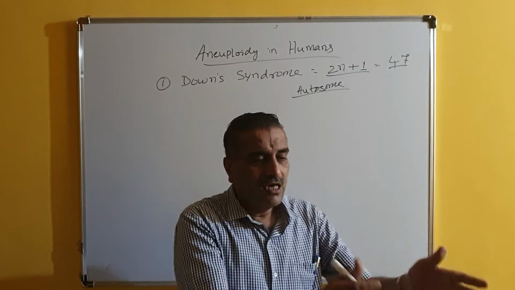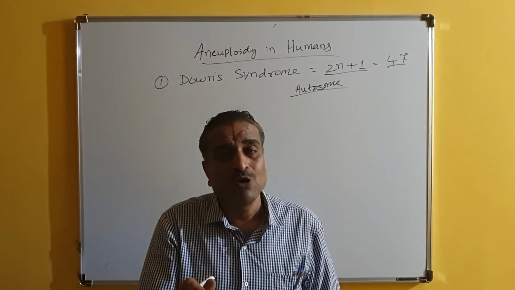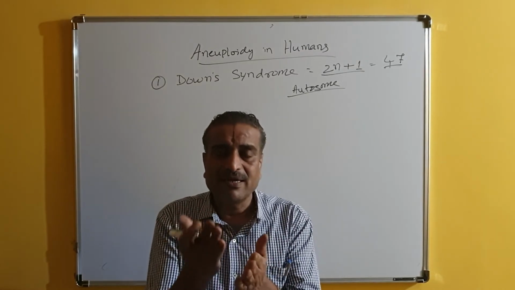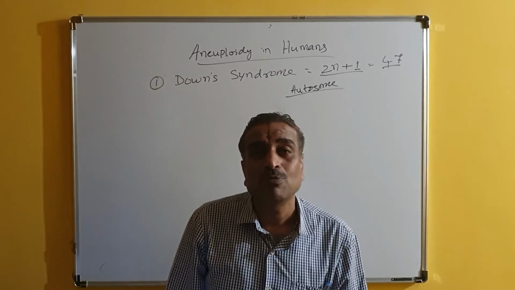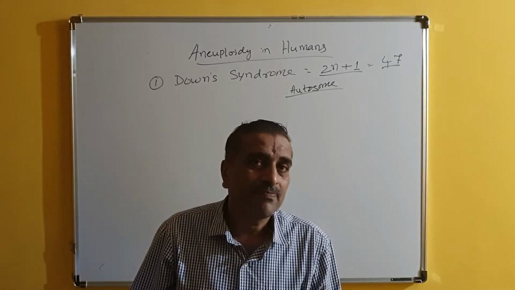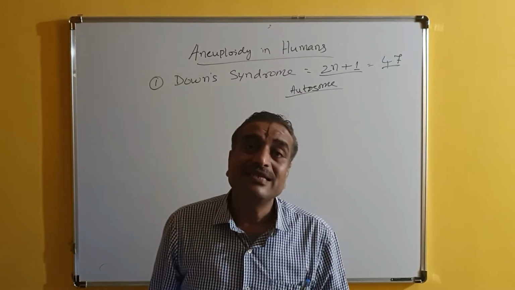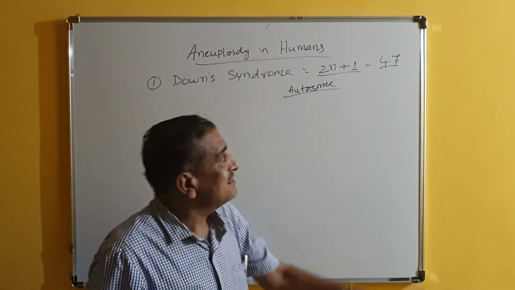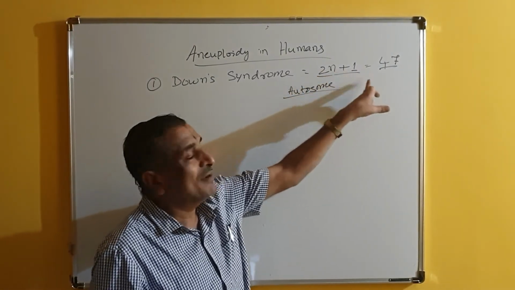If you arrange the chromosomes into 23 categories, each has its paternal and maternal copy. But the 21st chromosome is in 3 sets. Usually all chromosomes are in 2, but here there are 3 chromosomes of the 21 set. Because of that, the person has 47, denoted by 2n plus 1.